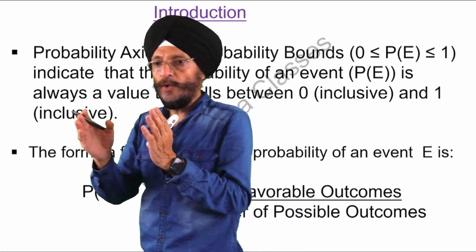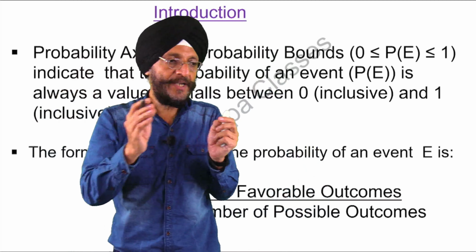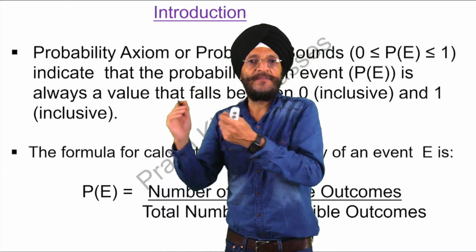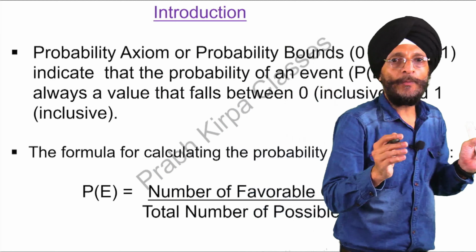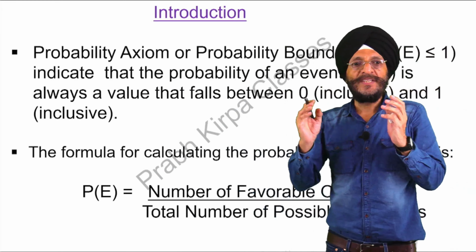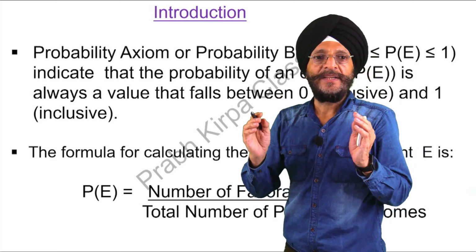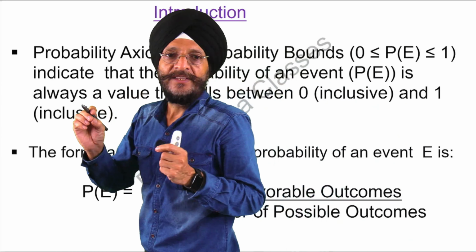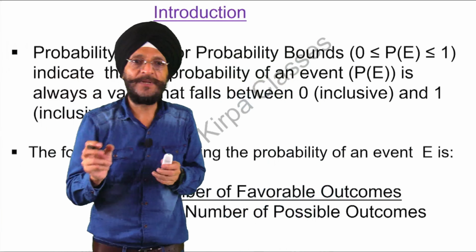That is, the probability of an event cannot be negative and it cannot be more than 1. And the probability of an event is measured by dividing the number of favorable outcomes by the total number of possible outcomes.